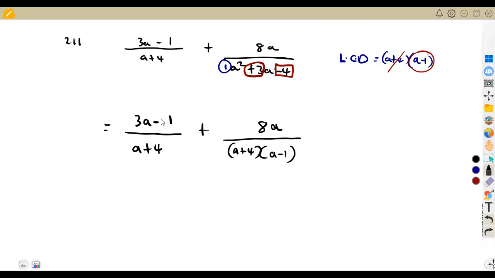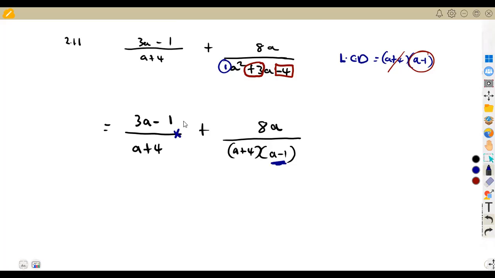So you just have to focus on what you do not have. What is it that I'm not having that is on the other side? I do not have a minus 1 here, but on my LCD there's a minus 1.